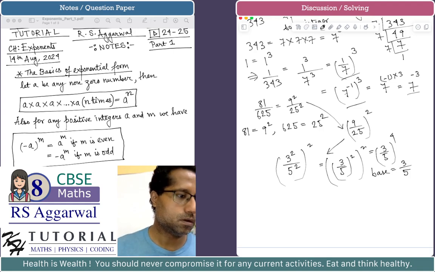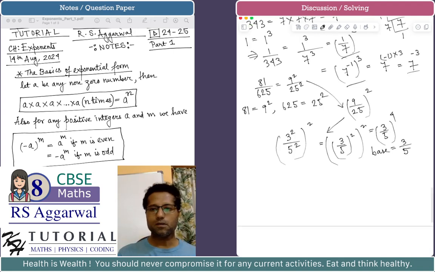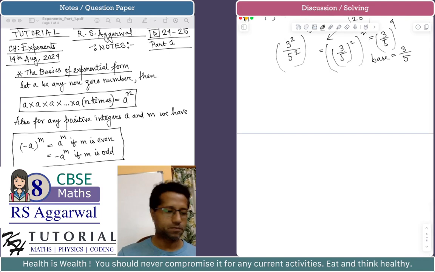Now, simplifying these kinds of expressions, let's say A, B and C are some non-zero numbers. It could be non-zero integers or rational numbers.